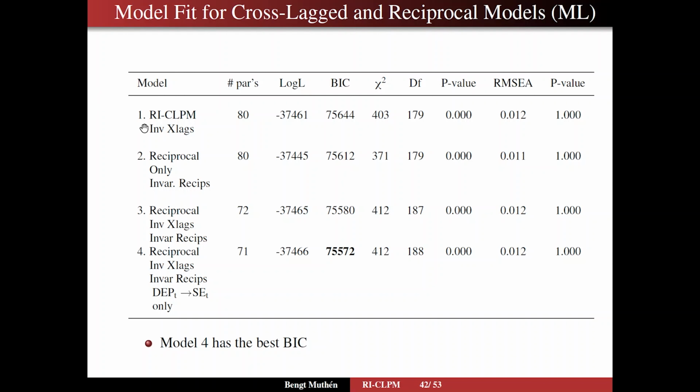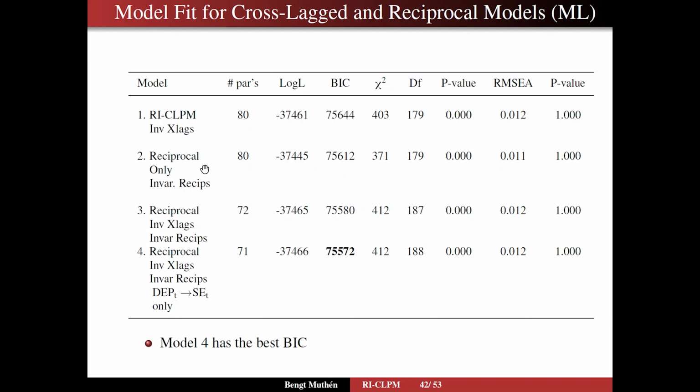So we have the invariance here, and at least the RMSEA seems to be reasonable in this case. Chi-square is high. These variables are skewed, so regular ML chi-square is not the greatest here.